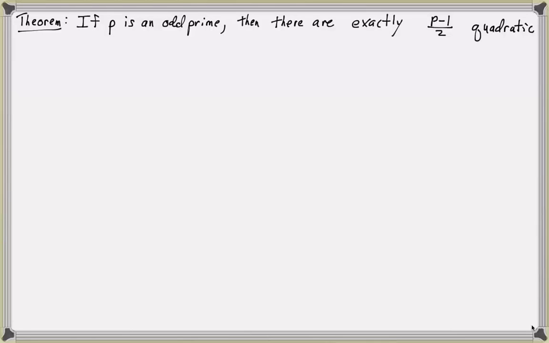If p is an odd prime, then there are exactly (p-1)/2 quadratic residues mod p and (p-1)/2 quadratic non-residues mod p.